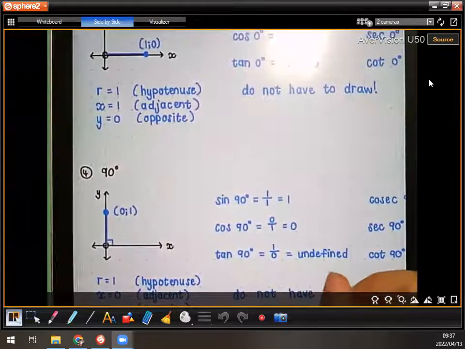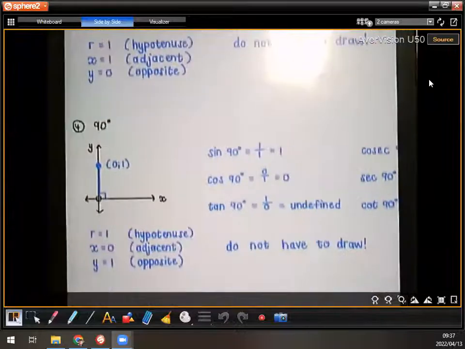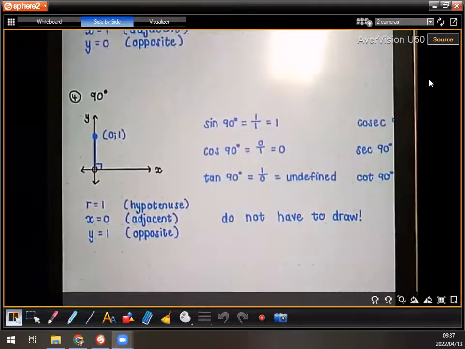But if they are asking about 0 or 90, you do not have to draw them. No, they won't ask you about other ones. There are no special triangles. You can draw it if you would like a visual representation.